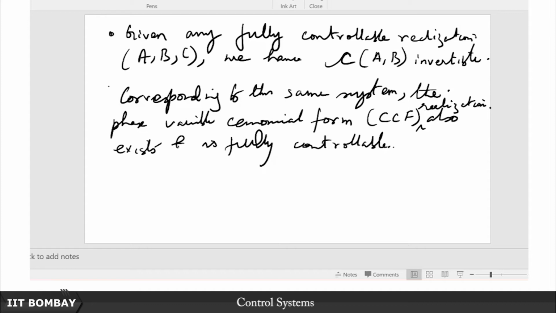So these are the two facts again. Given any fully controllable realization, we have this invertible, and corresponding to the same system we have the phase variable canonical form. Suppose the phase variable canonical form is AC, BC, CC.